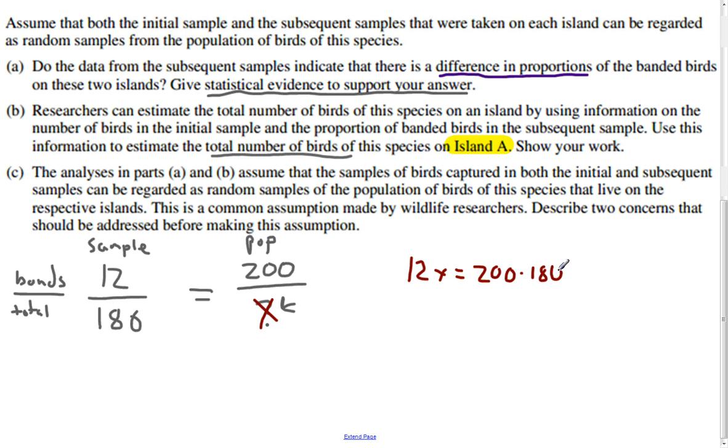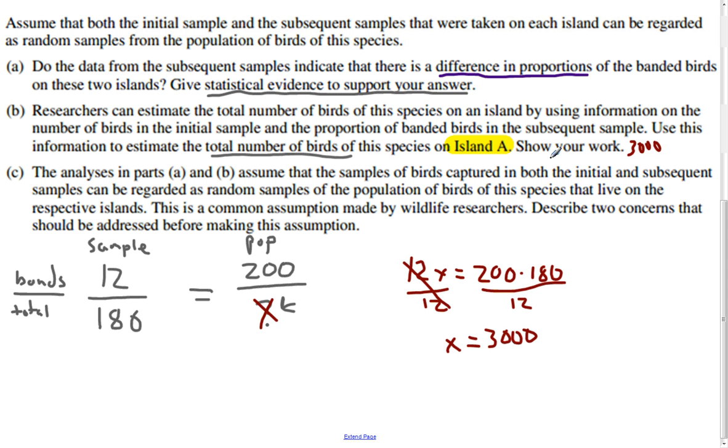And if we're going to solve for x, we're going to divide both sides by 12. And so that's going to come out to 15 times 200, which is going to be about 3,000. So in this case, the total number of birds that we expect to find on the island is 3,000.